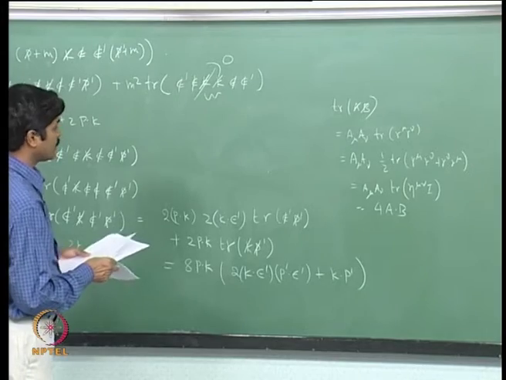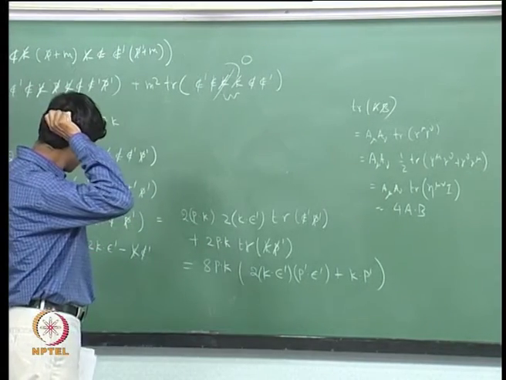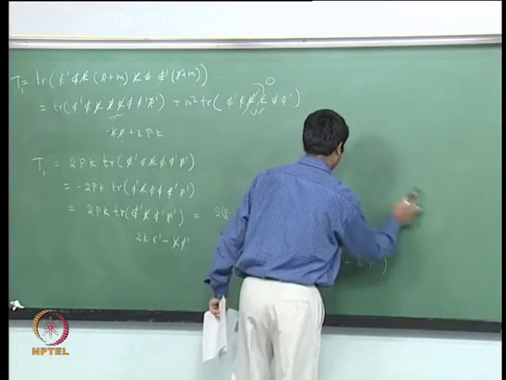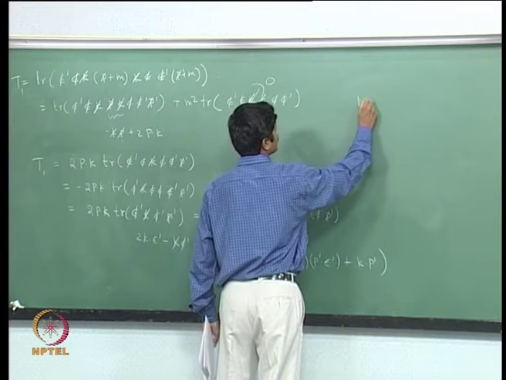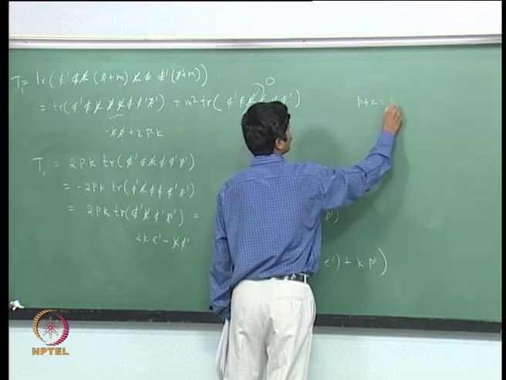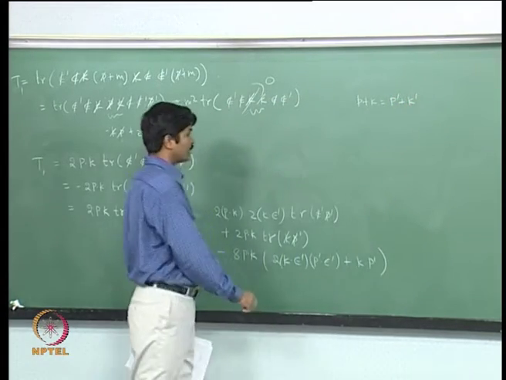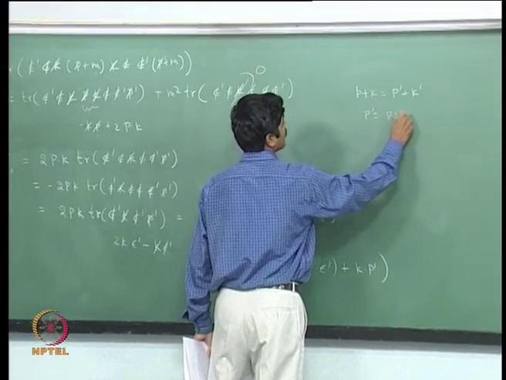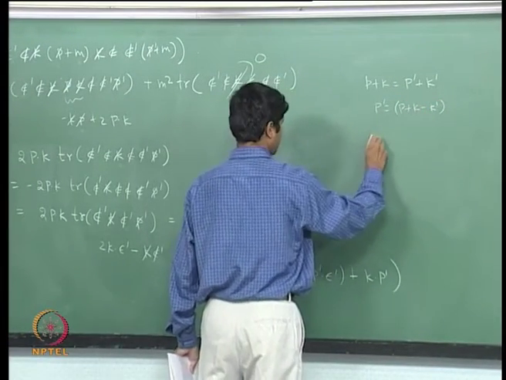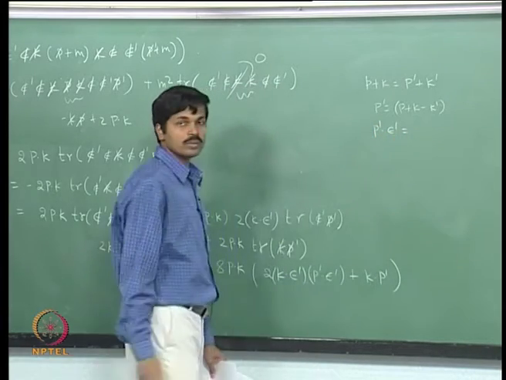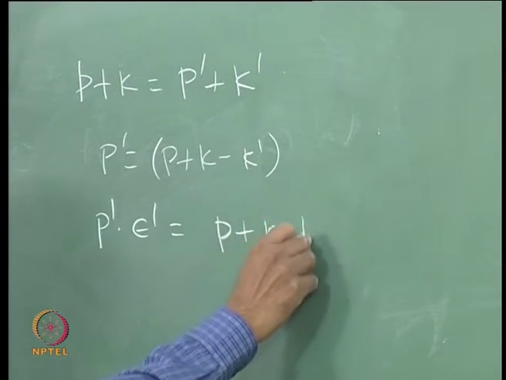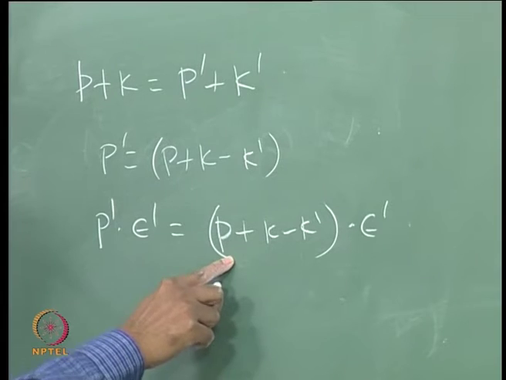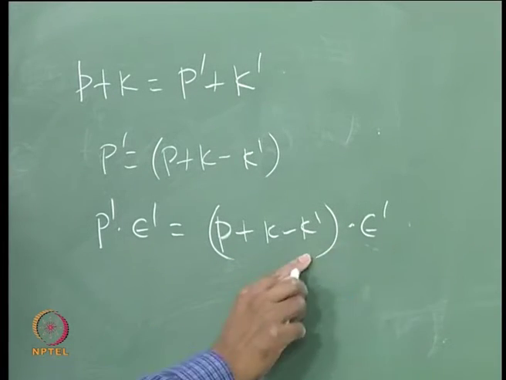Okay. This is still not the desired form, but remember that the energy momentum conservation implies P plus K is equal to P prime plus K prime, and hence P prime is P plus K minus K prime, and hence P prime dot epsilon prime will simply give you P plus K minus K prime dot epsilon prime, but we are choosing our time axis along P, and also because epsilon prime is transverse, it is orthogonal to K prime.